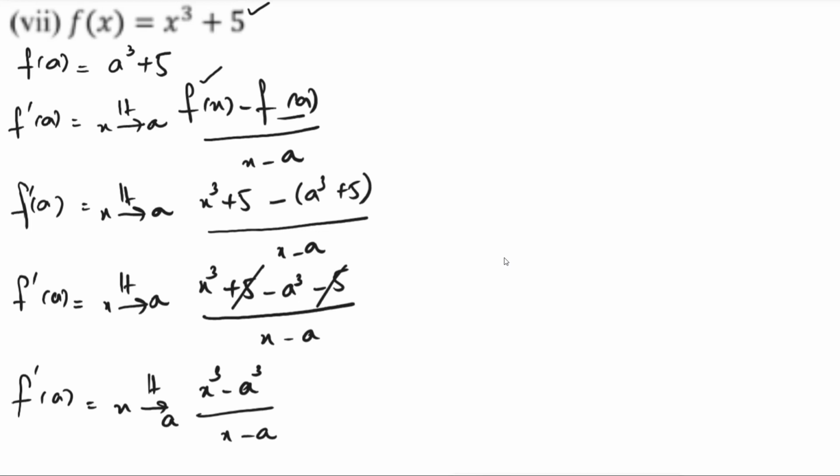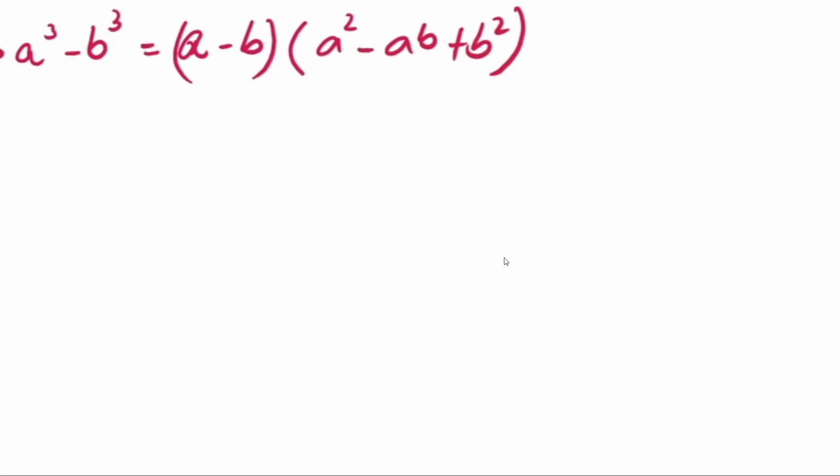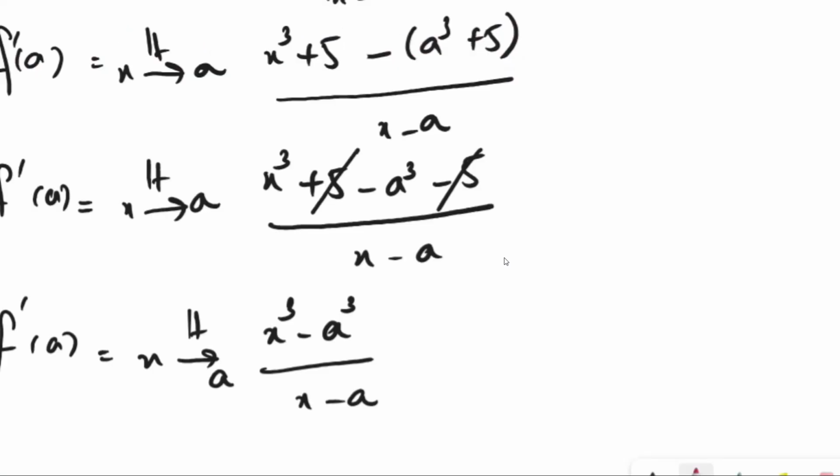And we know that whenever we are having a cube minus b cube, it is equal to a minus b into a square plus ab plus b square. This is the formula, if you remember this formula. And if it is minus over there, here it would be plus.